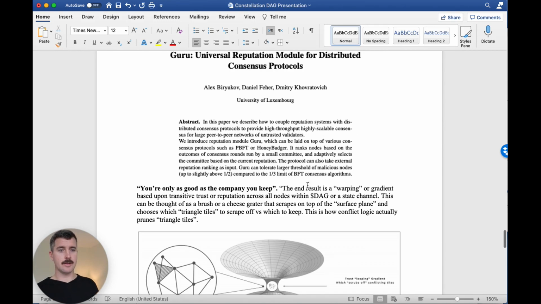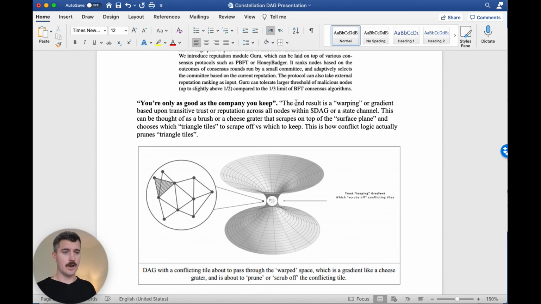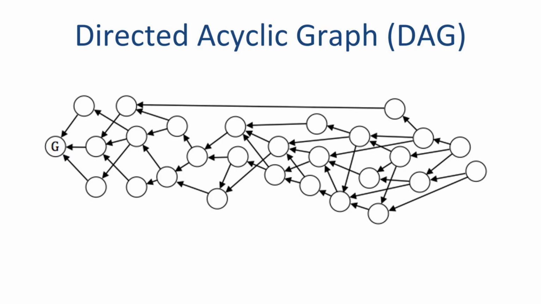Another thing to note about the consensus is they use a gossip protocol. So nodes gossip around the data to neighboring nodes. And part of their meritocratic consensus in that context is that they use this principle of you're only as good as the company you keep. So this relates to how each node is both performing consensus, but also having consensus performed upon it by its neighbors.